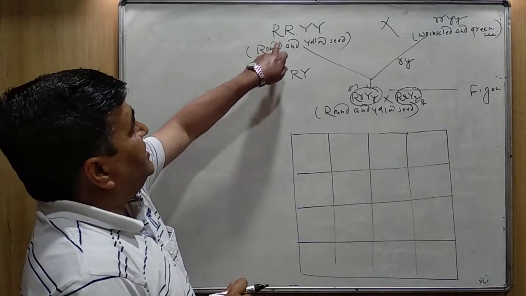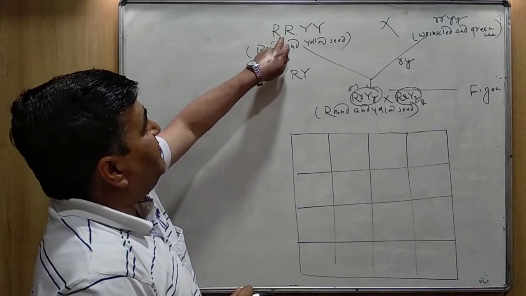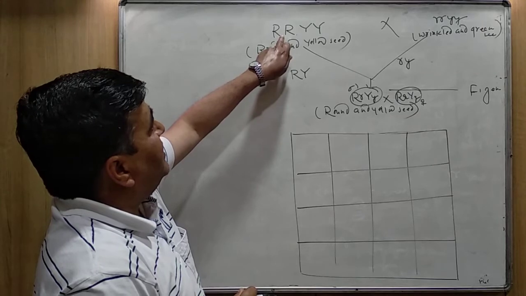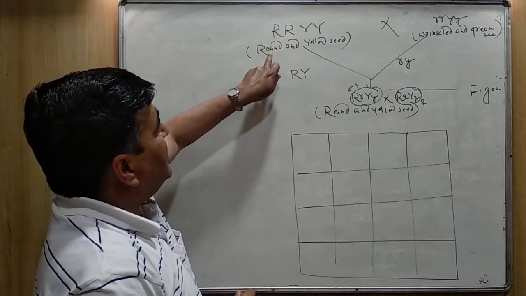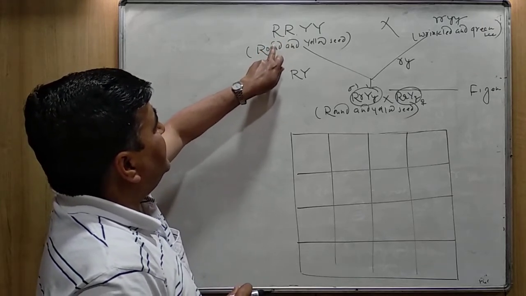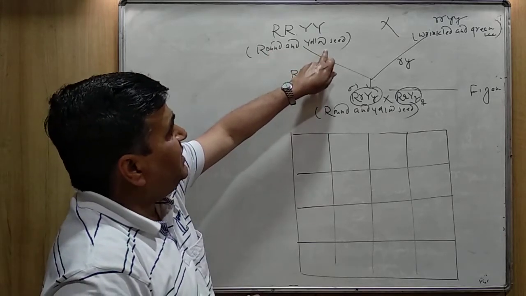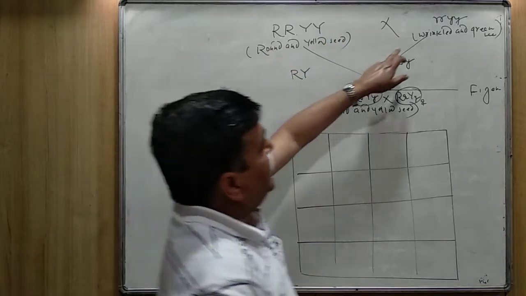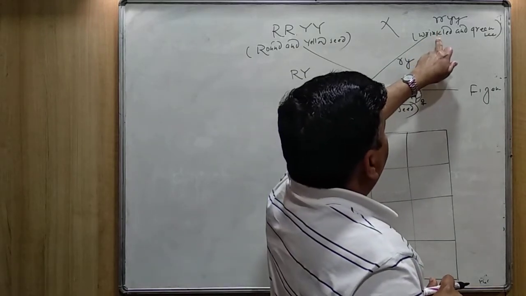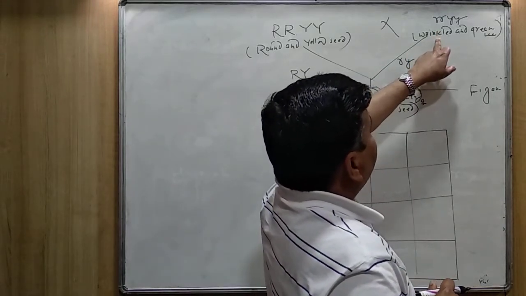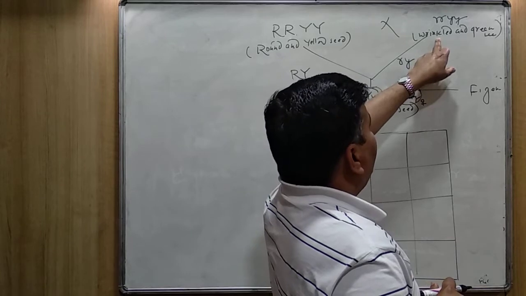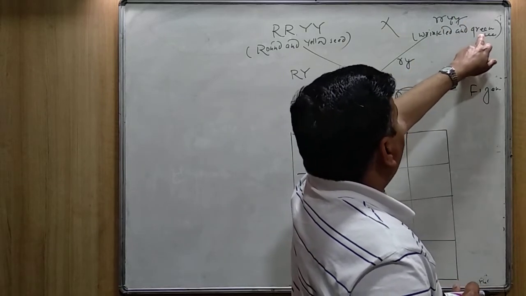So once again you say here, one plant Mendel took, that plant has what kind of seed? The seed was round and the color was yellow. In another plant, the shape of the seed was wrinkled and the color was green.